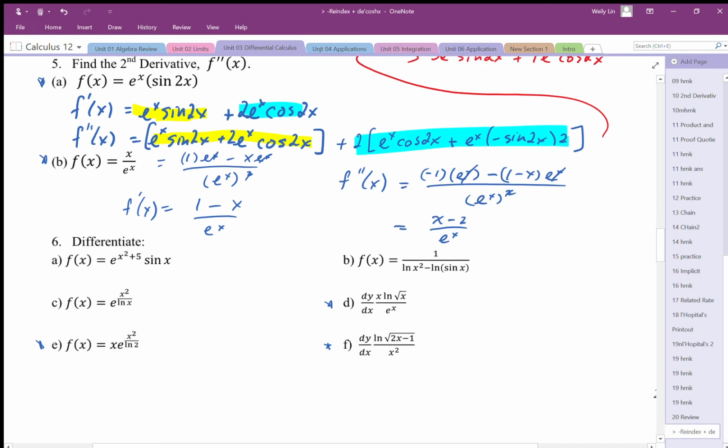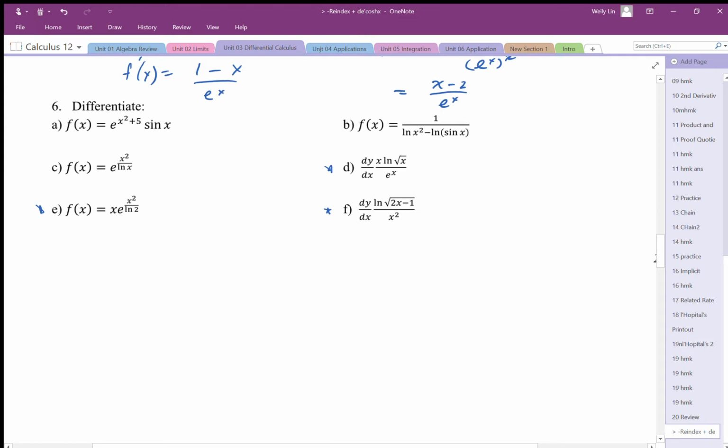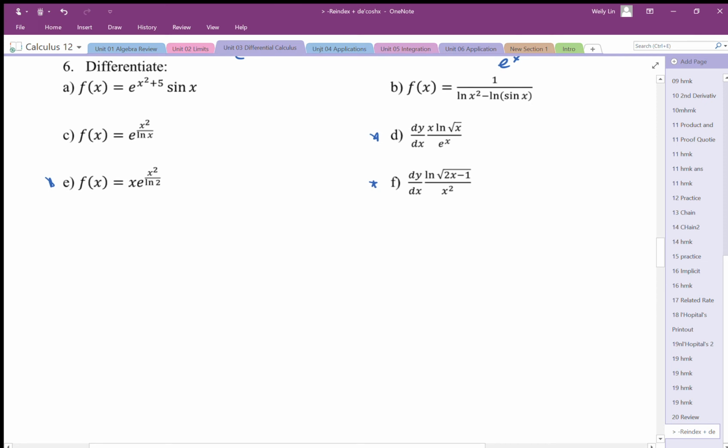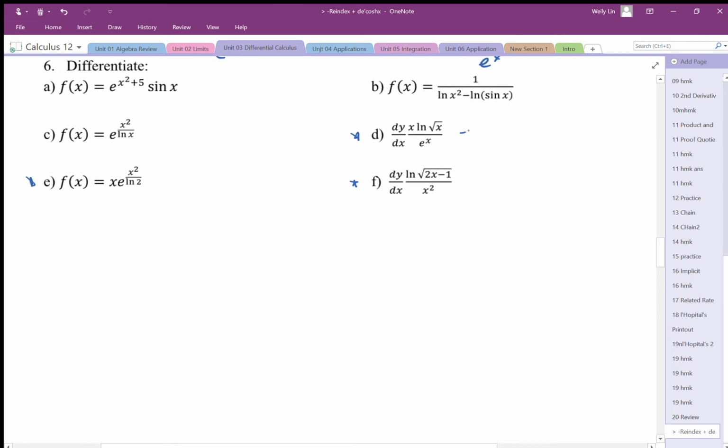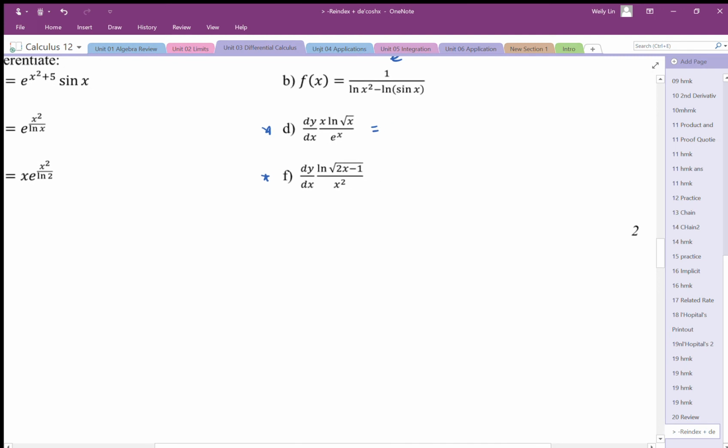Looking at the next one here, question number 6, we'll do D, E, and F. This one here uses quotient rule. I might run out of space here, so I might have to move it over, but quotient and product rule. So we're going to take 1 times ln root x, plus x times the derivative of ln of root x, which is 1 over root x times 1 over 2 root x.